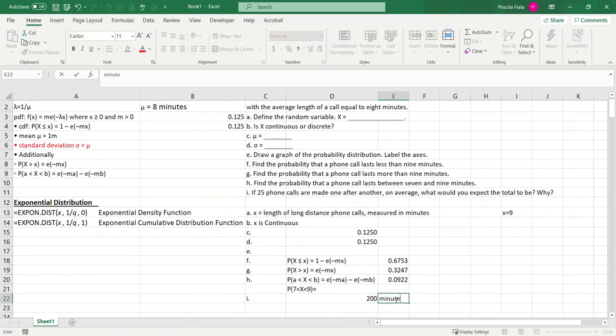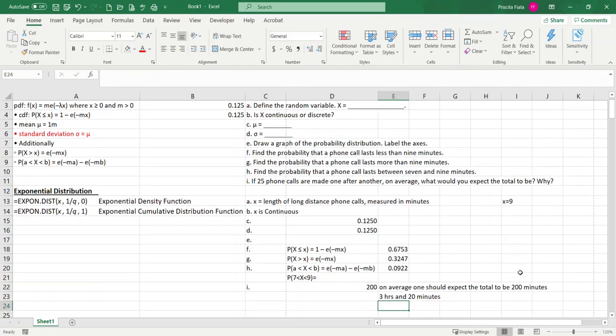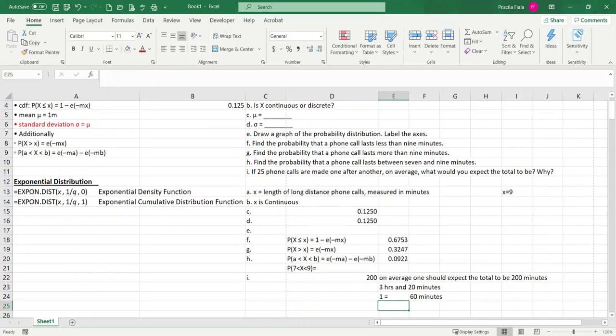Okay, so you can say on average one should expect the total to be 200 minutes, or you can do 1 hour is 60 minutes, so you have 3 hours and 20 minutes. Okay, right here, because each hour equals 60 minutes, so 3 hours is 180 plus the 20, that's 200.